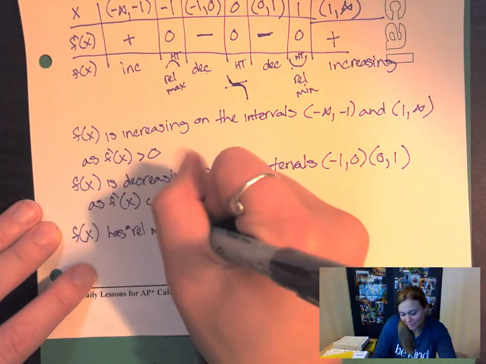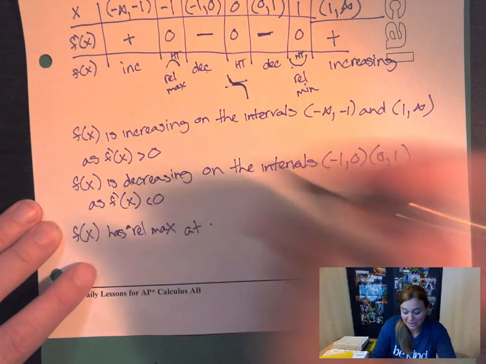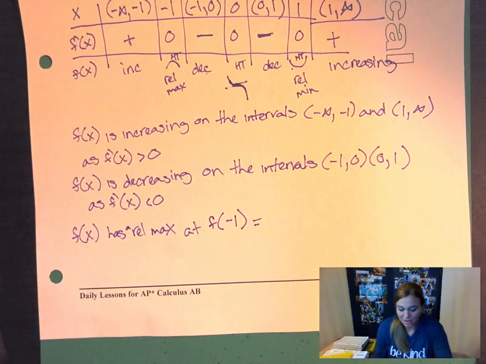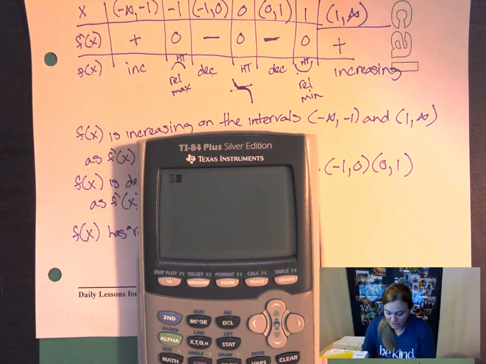Okay, has a relative max at, I was going to say at x equals negative 1, but I'm going to say this time f of negative 1. And the function value at negative 1, because this is still a coordinate, 3 times negative 1 to the 5th is still going to be negative 1, minus 5, it's still going to be negative 1 because it's raised to the 3rd power.